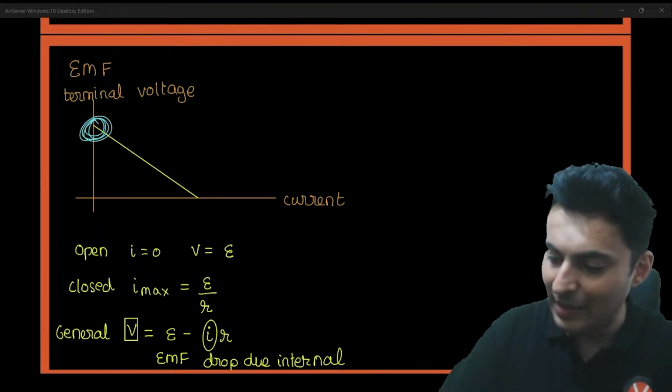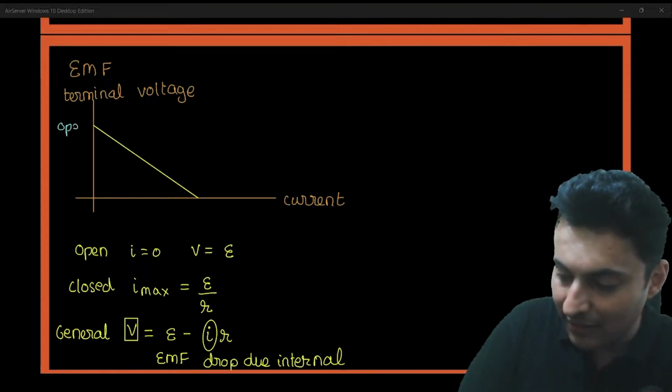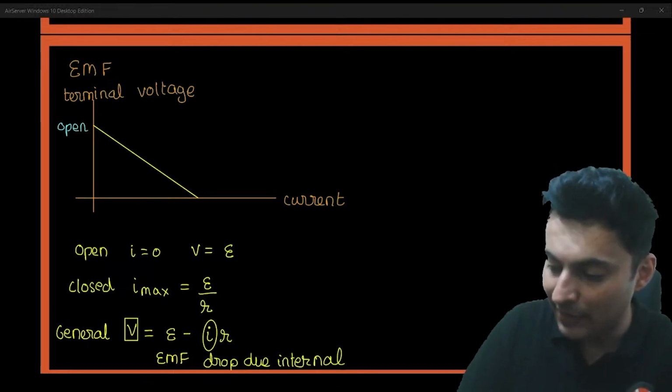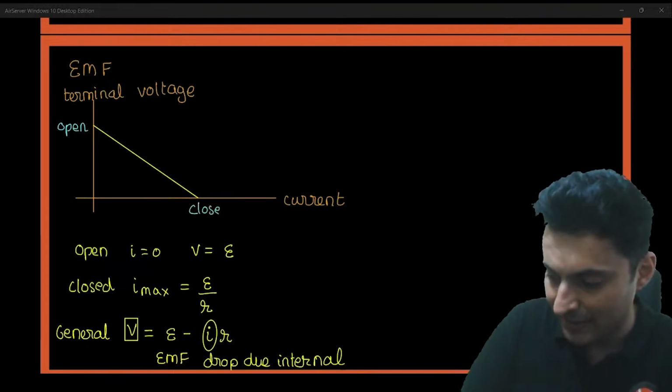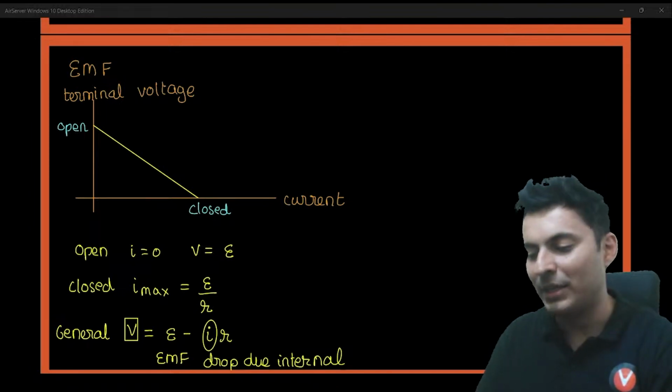That means it is open circuit right over here, and this point over here refers to the closed circuit. So these are the two special points on that particular graph.